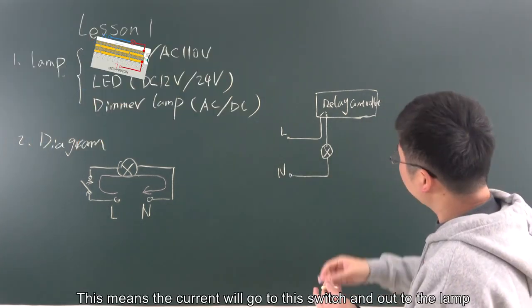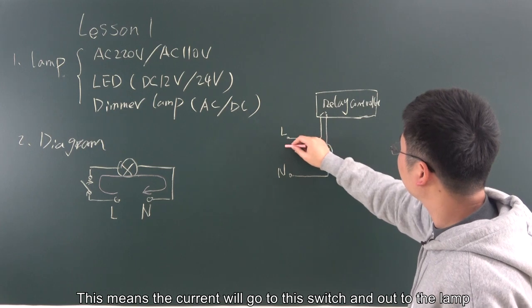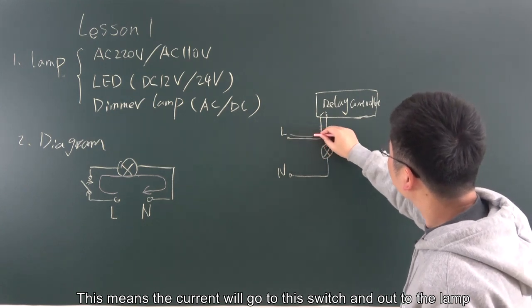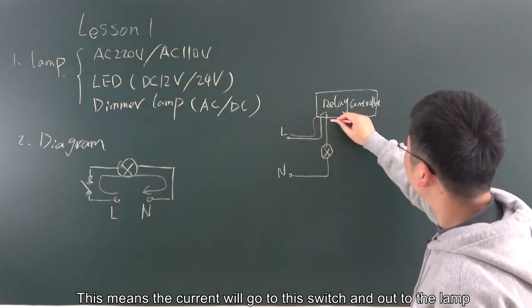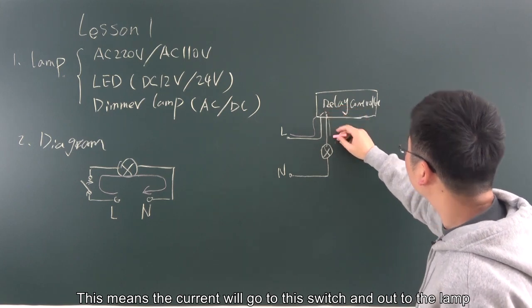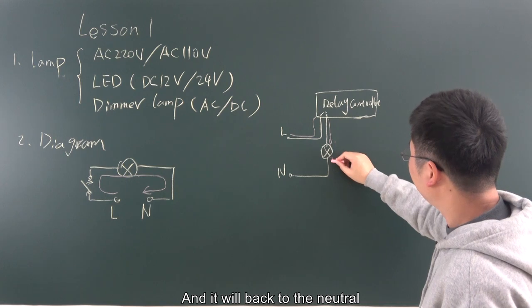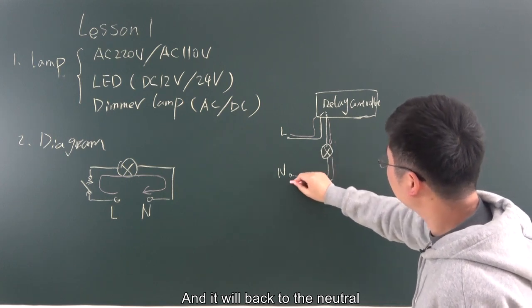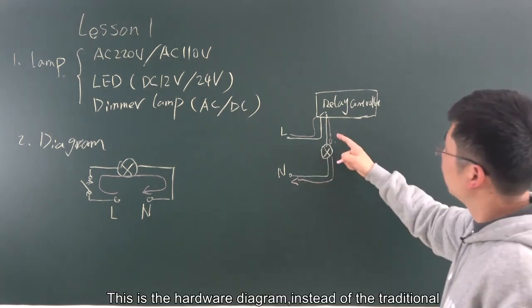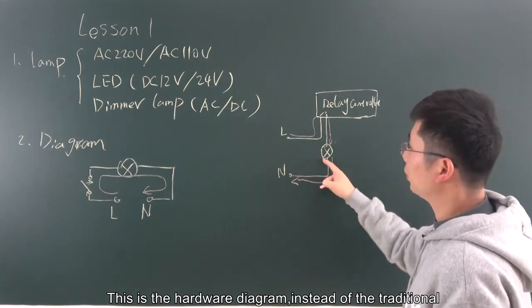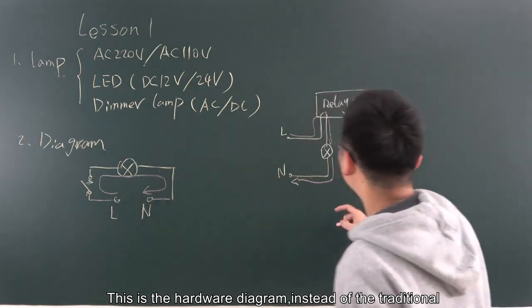So the current will go through this switch and out to the lamp, and back to the neutral. This is the hardware diagram, instead of the traditional one.